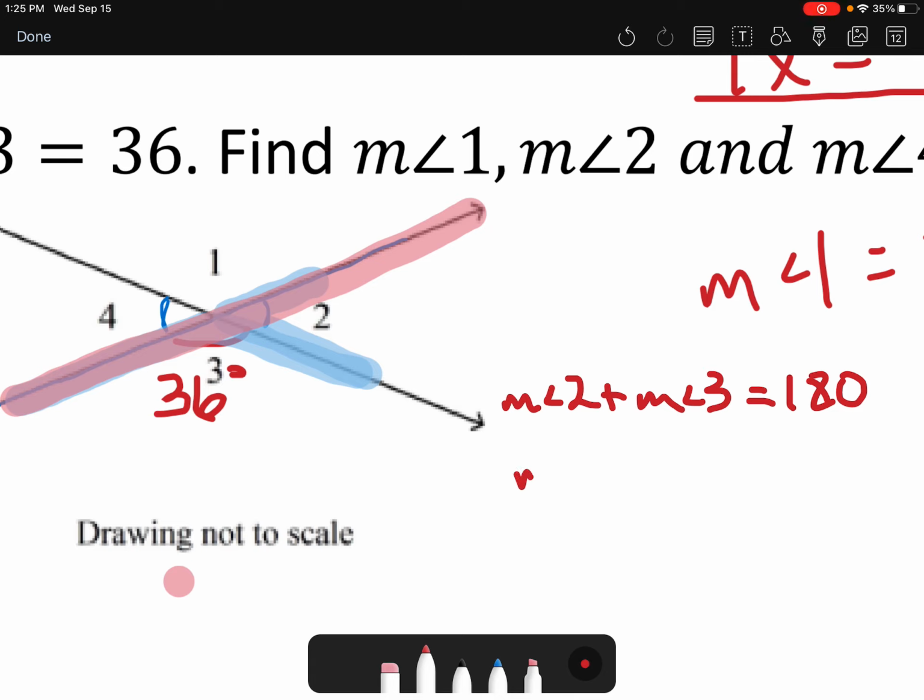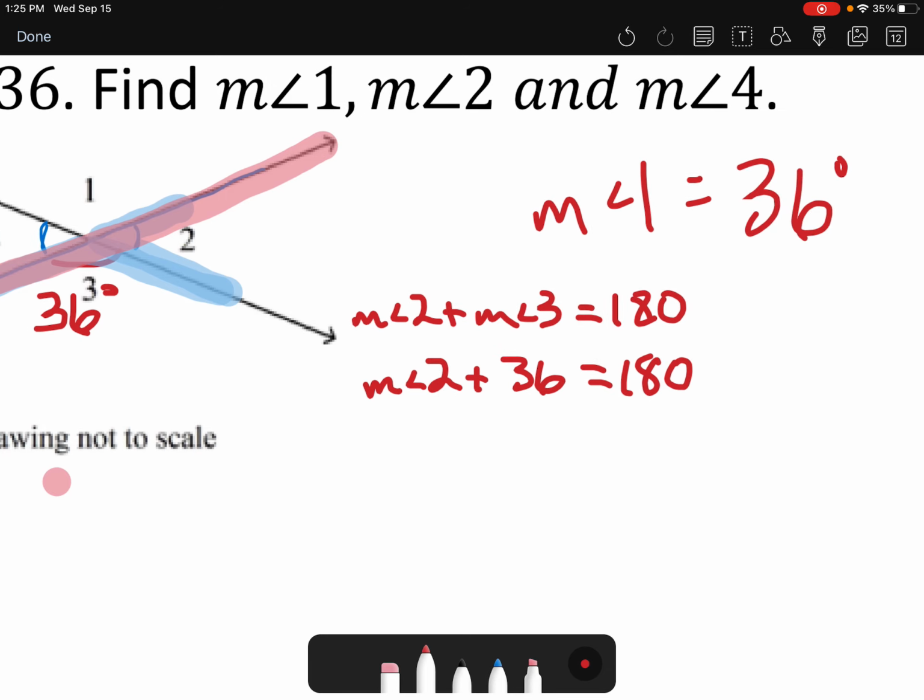So whatever the measure of angle 2 is, plus that 36 degrees, is 180. All we've got to do is subtract 180 minus 36. We're just looking for the difference. So what's going to go right here? 180 minus 36. And all you have to do is punch that into the calculator. And you can see that angle 2 is 144 degrees.